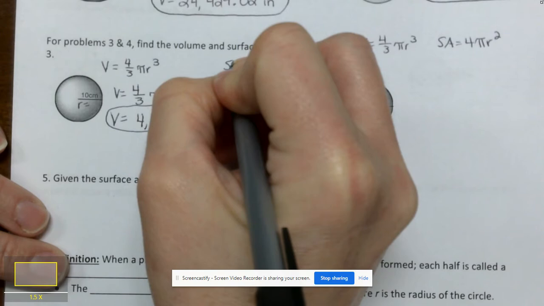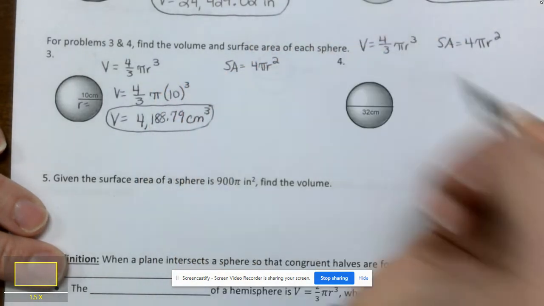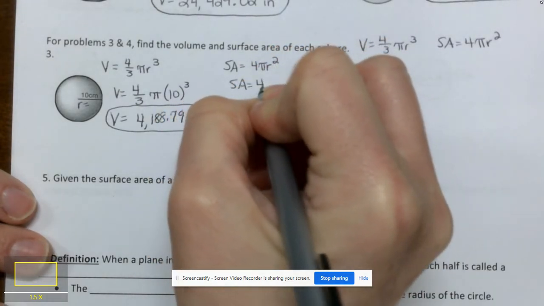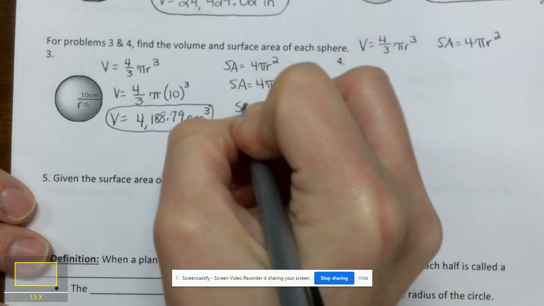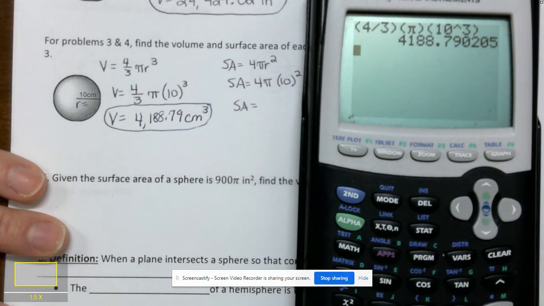Let's look at surface area, which is 4 pi r squared. We know that our r is 10, so surface area is 4 times pi times 10 squared, and then it becomes a calculator problem. We put in 4 pi and then 10 squared.